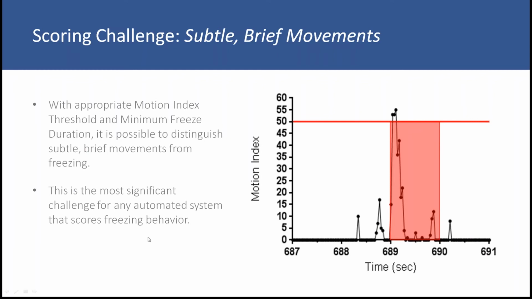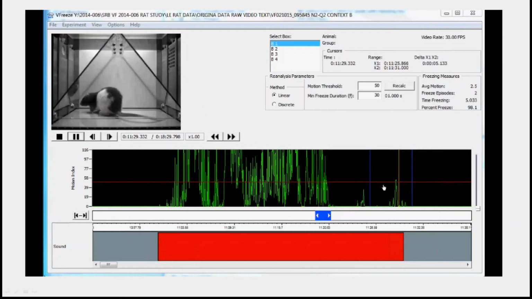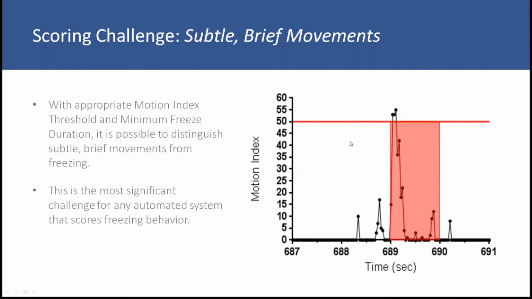If we now take this part of the motion index trace right here and zoom in on it, that's what we're doing in this graph. I've taken that brief segment of the motion index and expanded it so we can see it very closely. We're only looking at a few seconds here, from 687 seconds in the session to 691. I've drawn a red line at the motion index threshold, and a red box to indicate the minimum freeze duration.